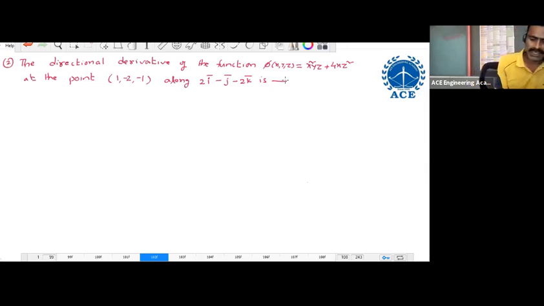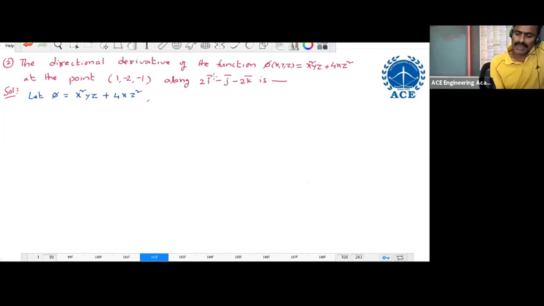Let us consider the given data first. Let phi equal to the given scalar function x square y z plus 4x z square.